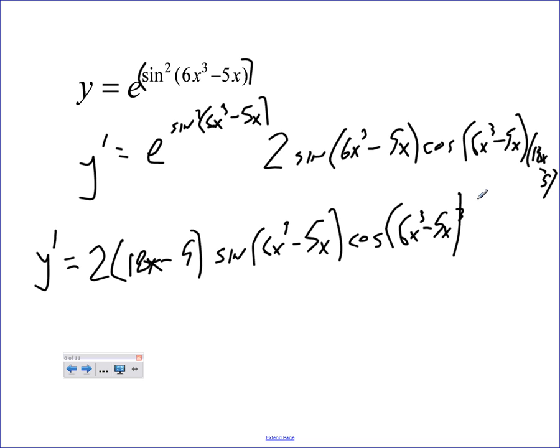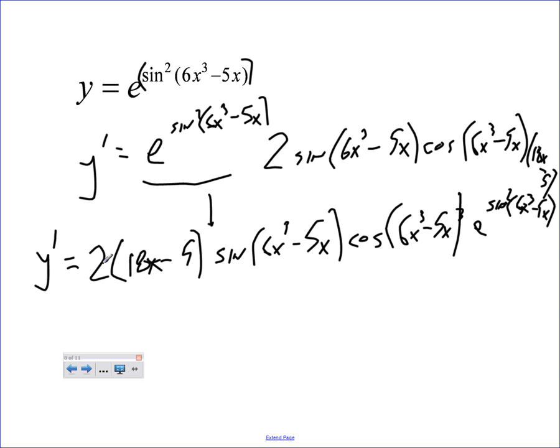And I might multiply that all by e to the sine squared of 6x cubed minus 5x. I should be arrested for my handwriting. So that says e to the sine squared, all of this stuff. You could even plunk this down here instead. It might look better.